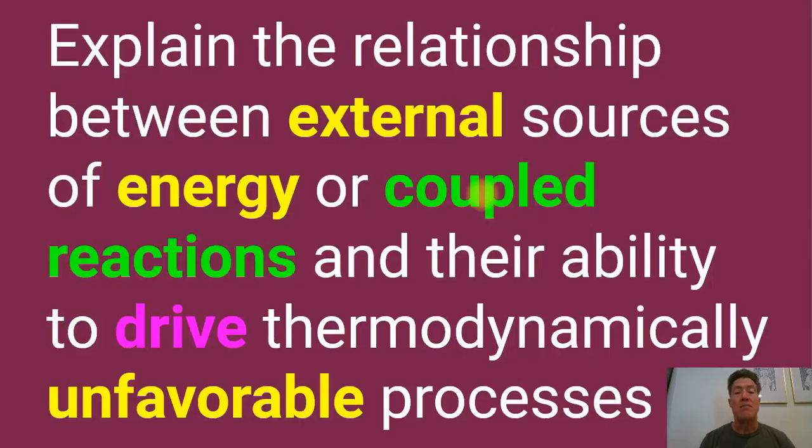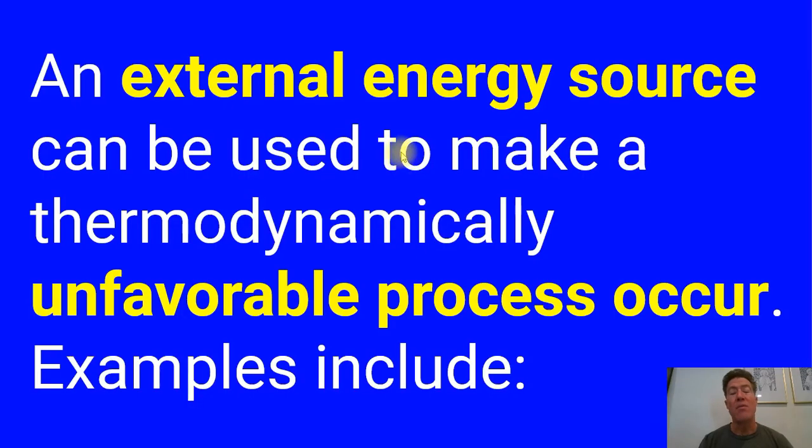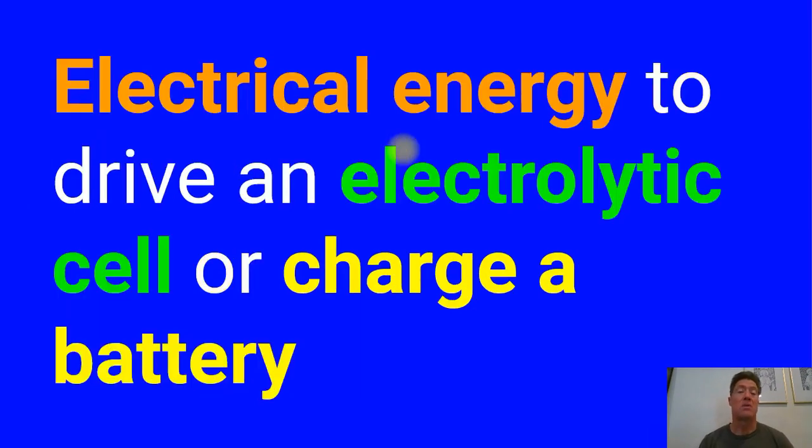Coupled reactions are two reactions with different thermodynamic favorability. If we have an unfavorable thermal process, we can still make it happen if we use an external energy source. So it won't happen spontaneously, but we can power it with external energy. For example, we can use electrical energy to drive an electrolytic cell, which is non-spontaneous, or to recharge a battery.